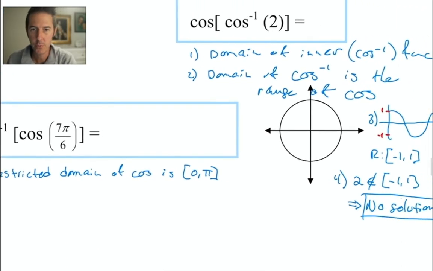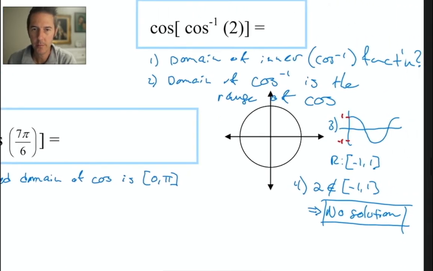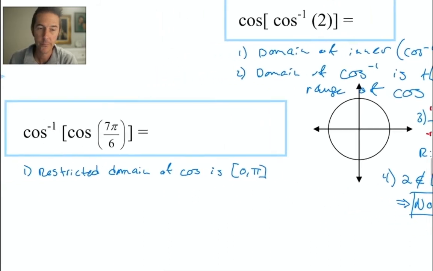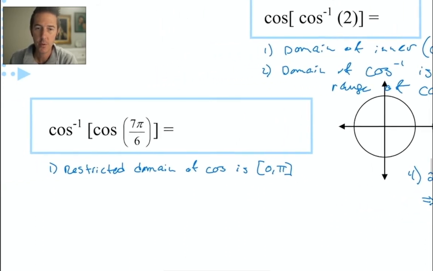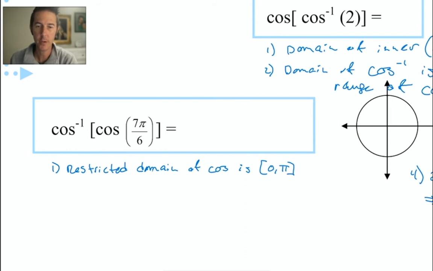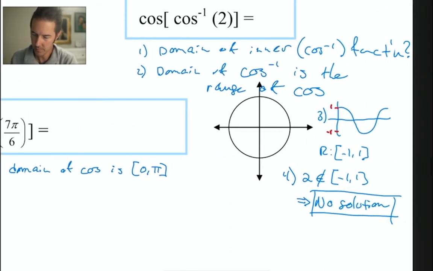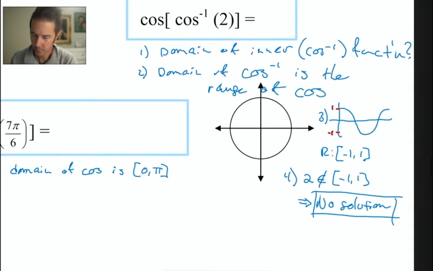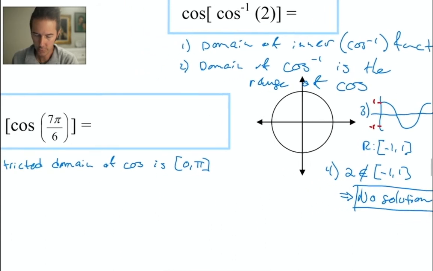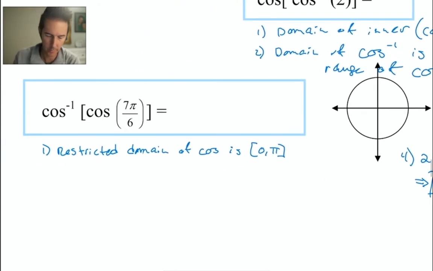What was step number 2? Domain of... Oh, we don't really have to ask ourselves question number 2 because the cosine graph is the one that we're already familiar with. So can we skip to step number 3? Well, we can really go to step number 4.